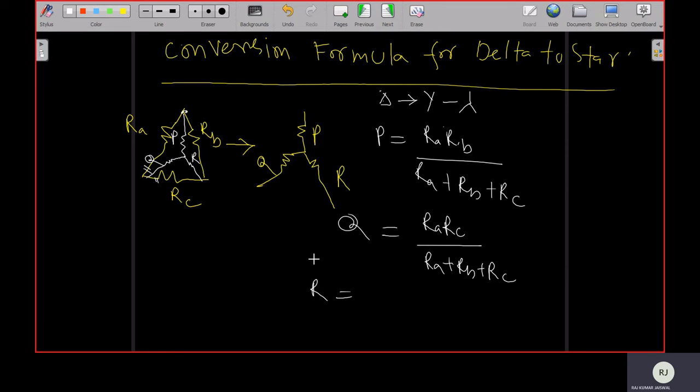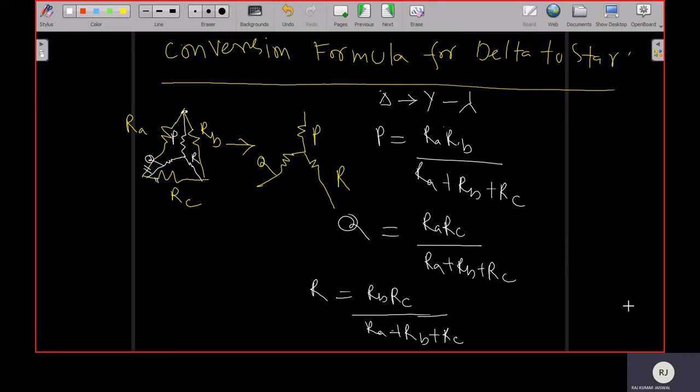Likewise, R equals RB RC divided by RA plus RB plus RC. Okay guys, this comes under delta to star.